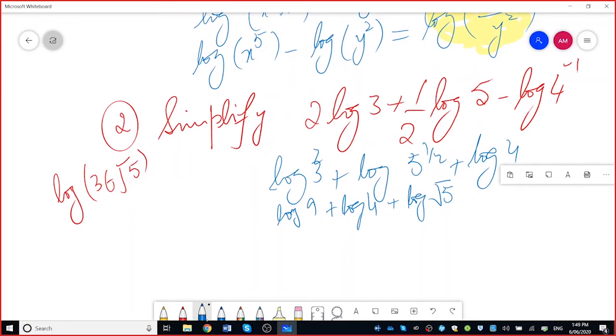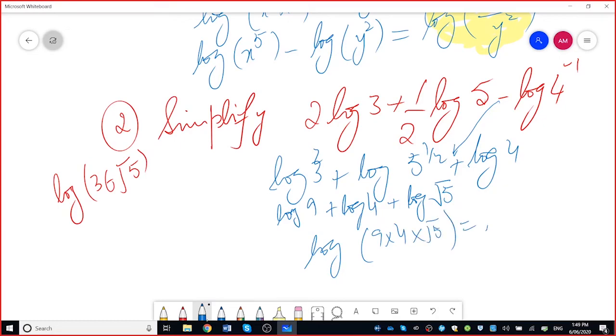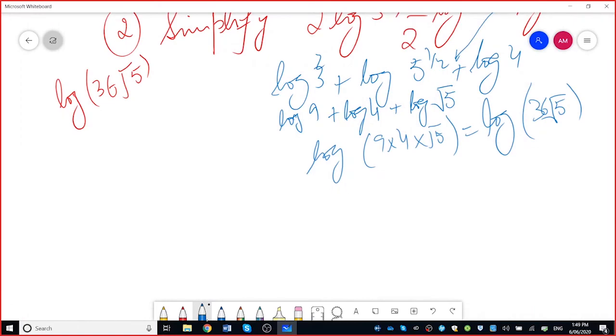The 4 to the power of -1, we took that minus 1 down, so it becomes plus. So log of 9 times 4 times under root 5. So this becomes log of 36 times square root 5. So far so good.